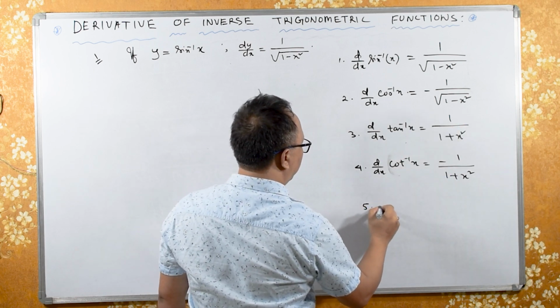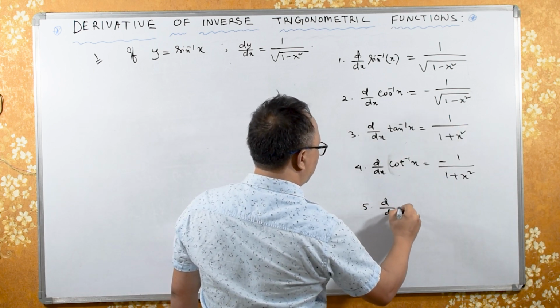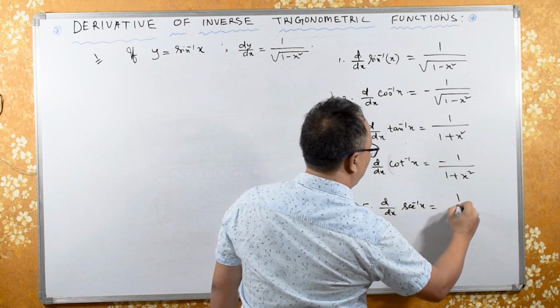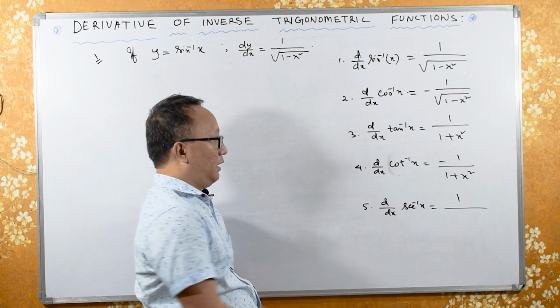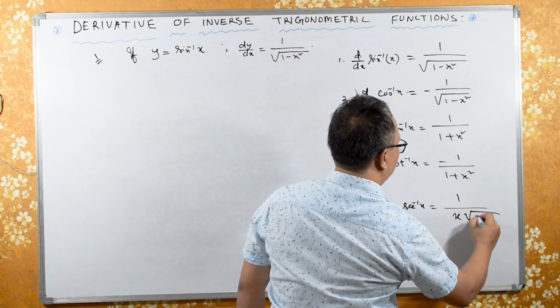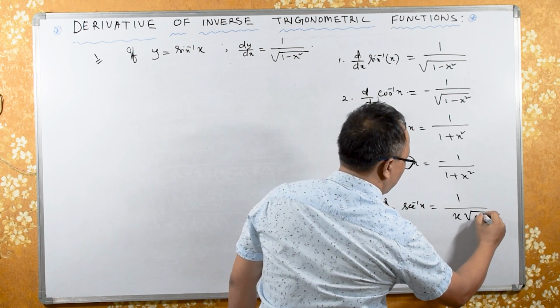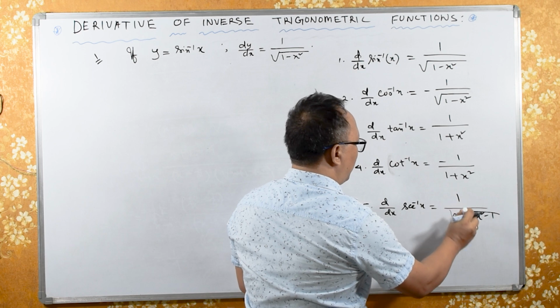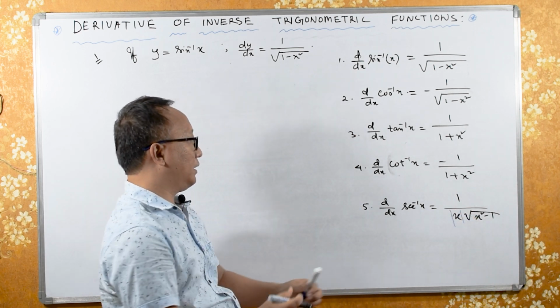And 5, d by dx of sec inverse x is 1 upon x into square root of x square minus 1. In some places, according to the domain, you can put mod of x.